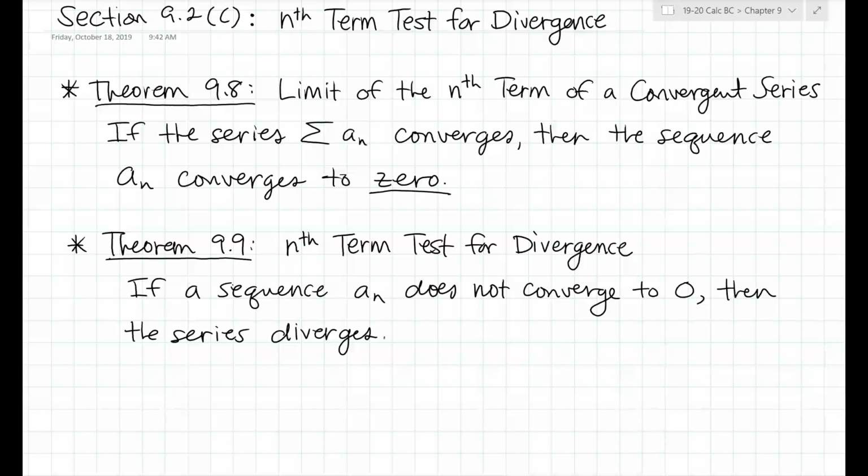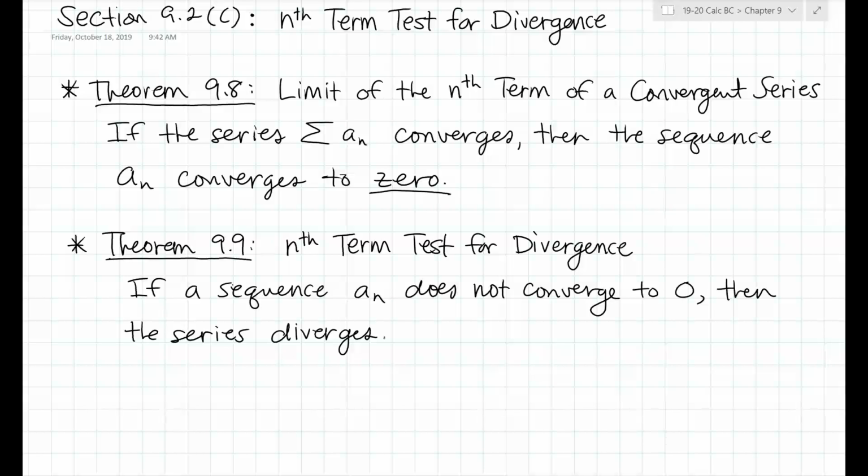It's kind of easy to understand why, because a lot of times we see an if-then statement, so then we assume that the converse must be true, right? But let me talk about theorem 9.8 first, okay? Theorem 9.8 says if the series converges, then the sequence converges to 0. Remember, series means you're adding everything up, right? It has the sigma notation.